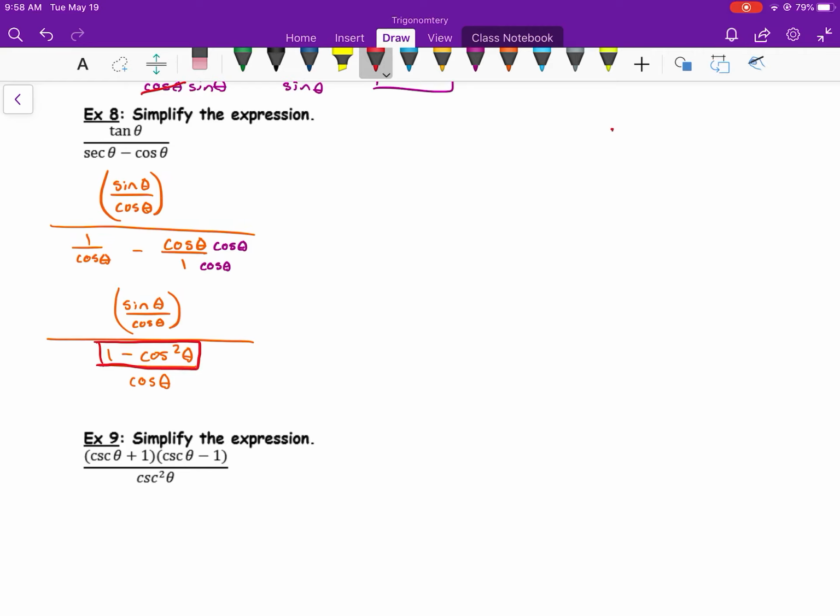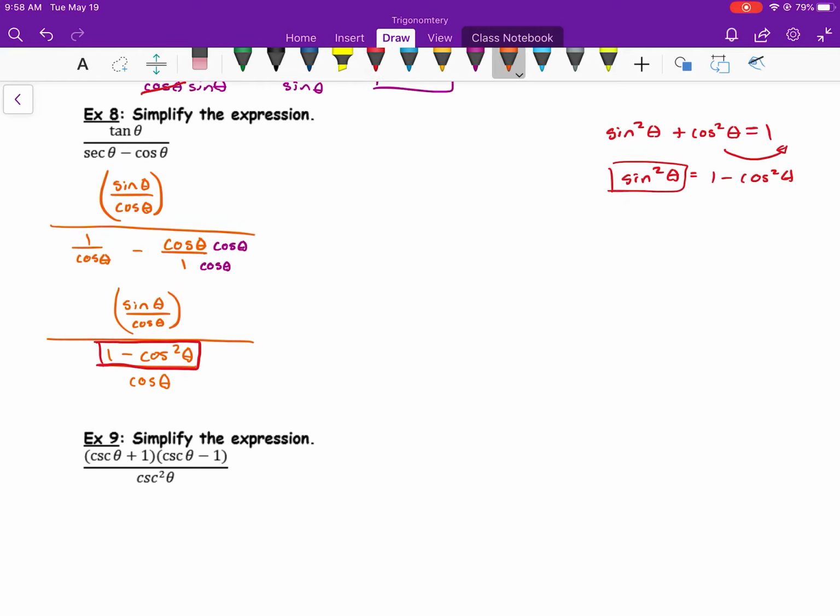We got that one again, so side work. I know sine squared theta plus cosine squared theta is 1. This time I'm going to move the cosine over. So I'm going to get sine squared theta is equal to 1 minus cosine squared theta. Cool.